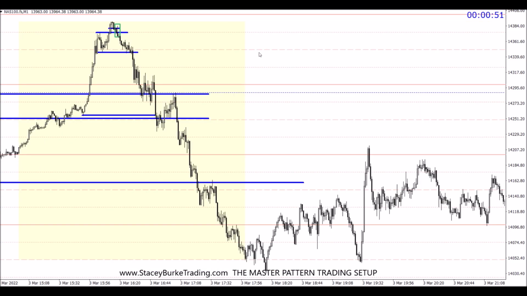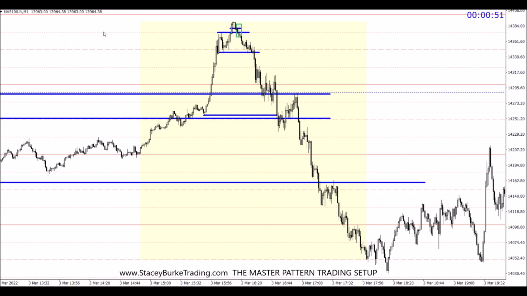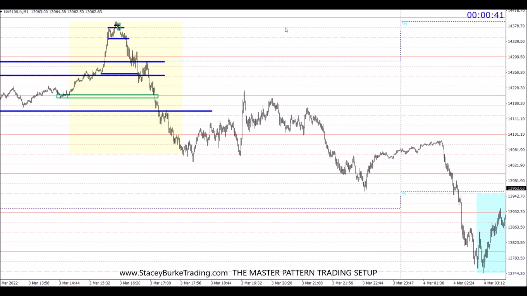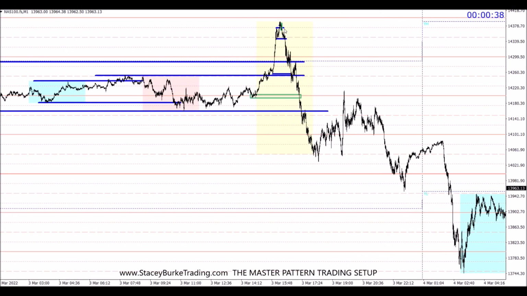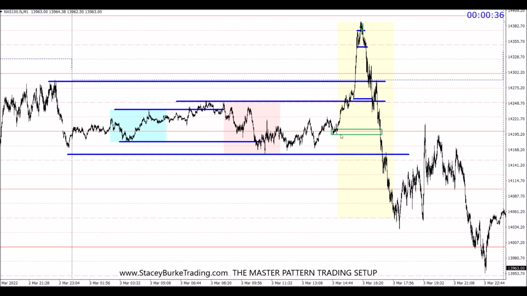But this market, if we look at this, where the market started, double zeros, and we go back to the beginning of our day, that double zero area may be the middle of this move, which means I will put my measuring tool on here.